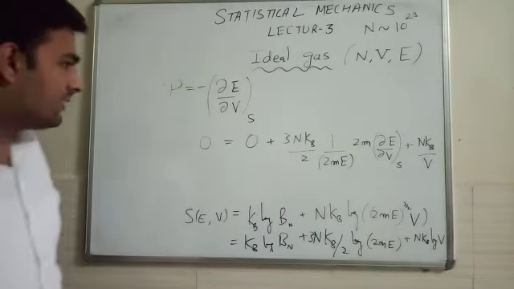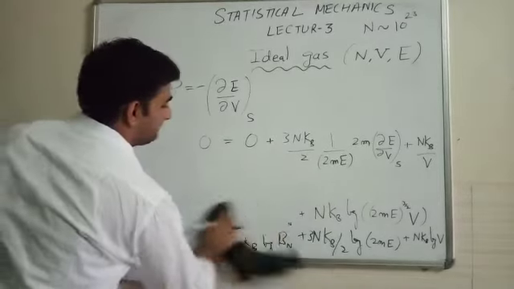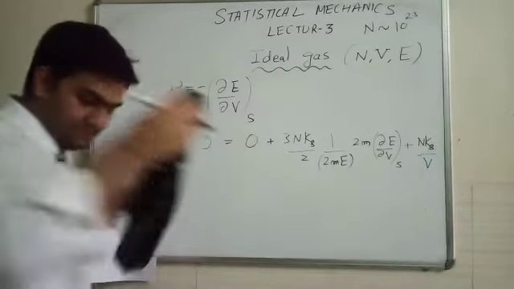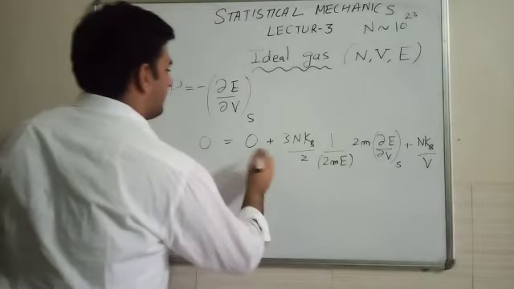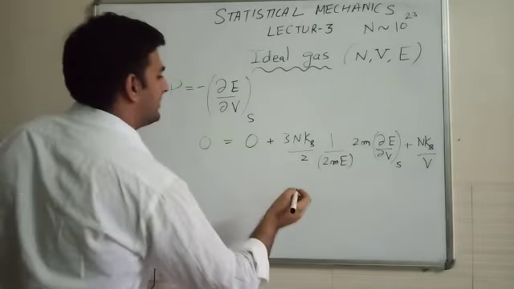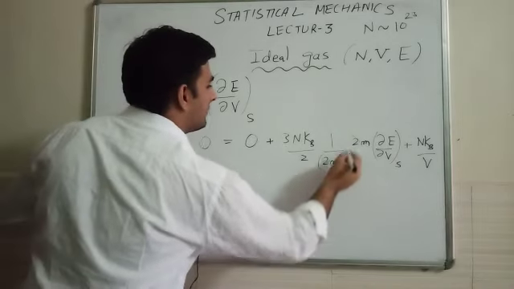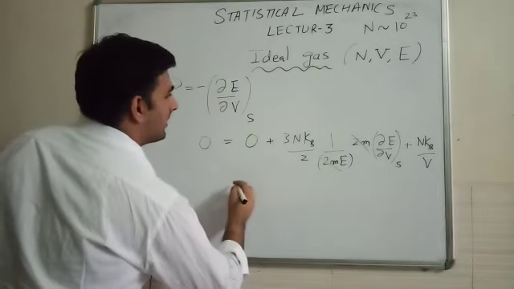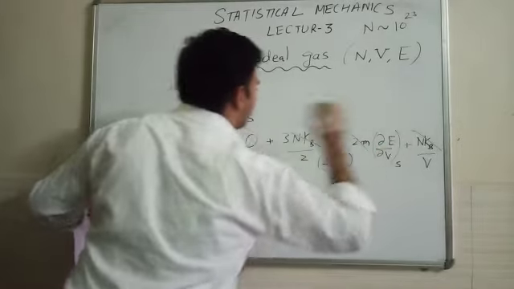Now let's rearrange this. If I put in the value of dE/dV at constant entropy, which is minus P, the 2m cancels and nkB also cancels.